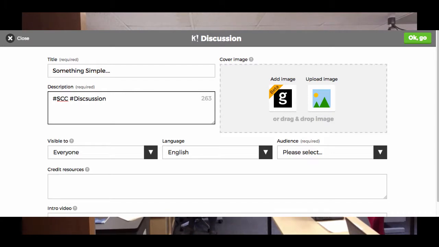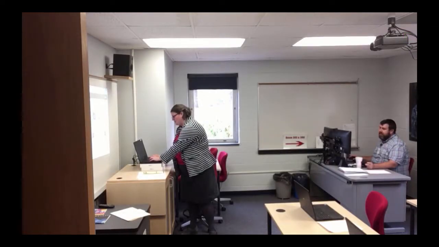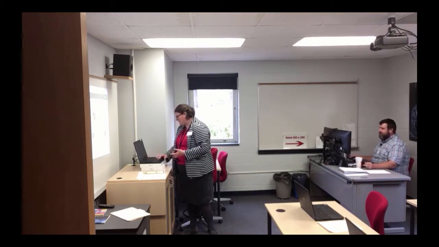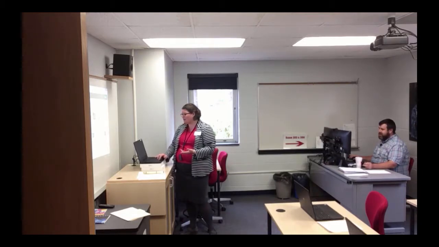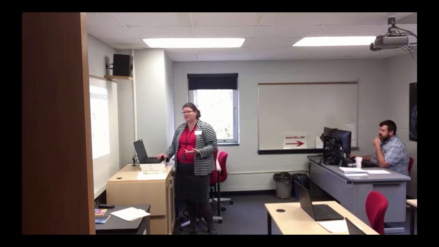So we just have to learn to type in hashtags. I've got a Twitter account, but I rarely tweet. My life is just not worth tweeting about. And then you have to have things that are required. The title's required, the description's required in any Kahoot, but trust me, discussion's still faster.